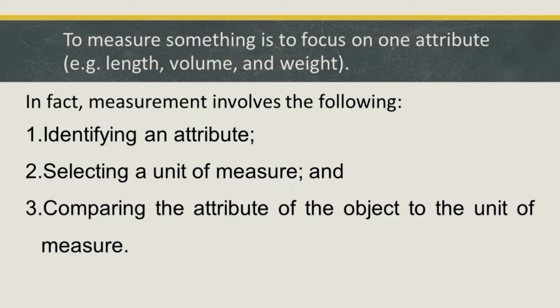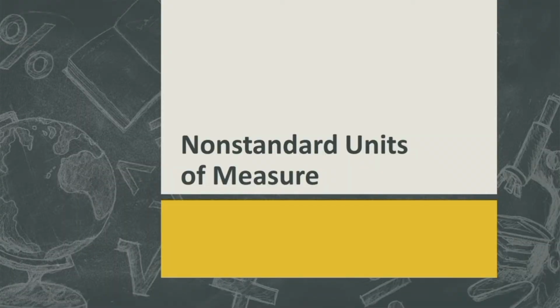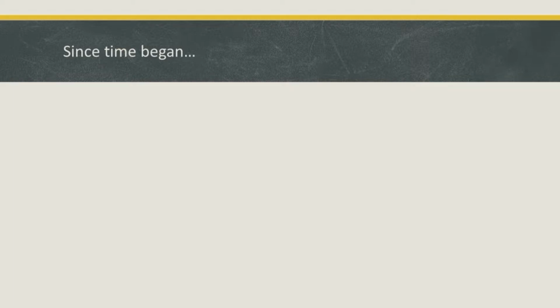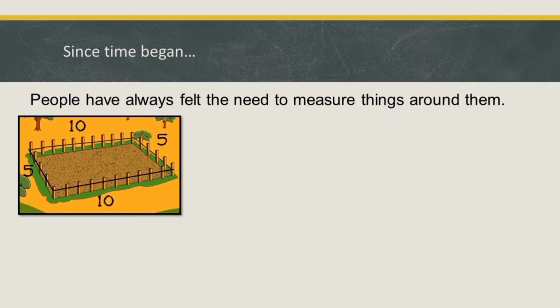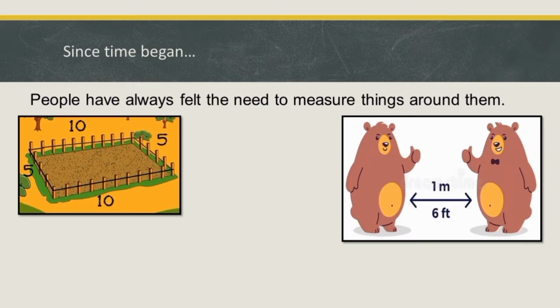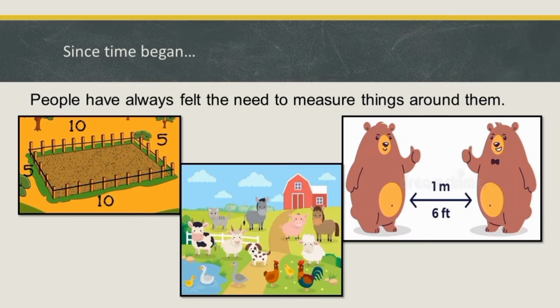Now that we know the certain rules about measurement, we are now ready to proceed and talk about non-standard units of measure. Since time began, people have always felt the need to measure things around them. For ancient civilizations like the Babylonian and Egyptian, it was important to know the areas of fields, the distance between two locations, the number of livestock, and so on.